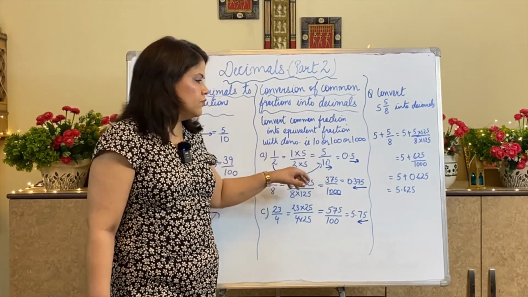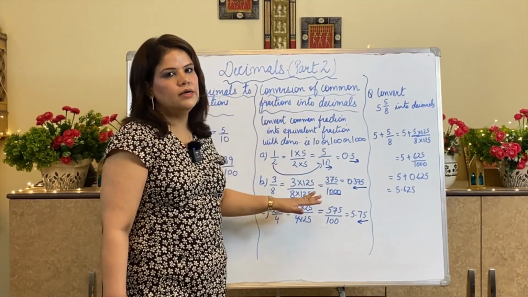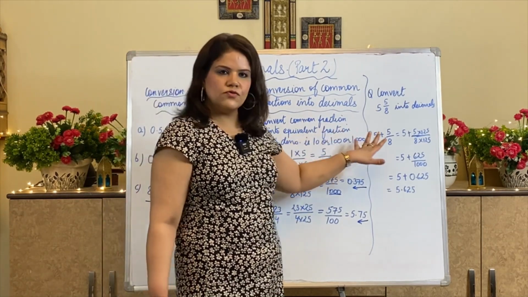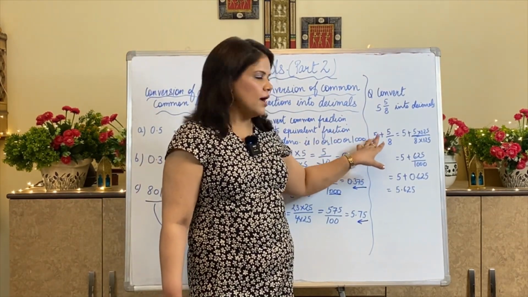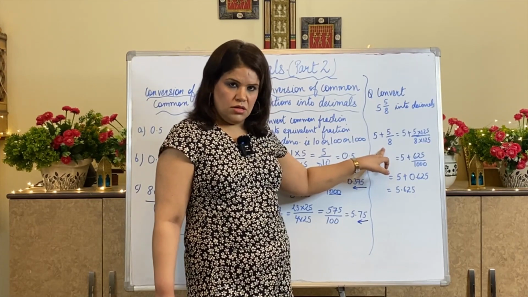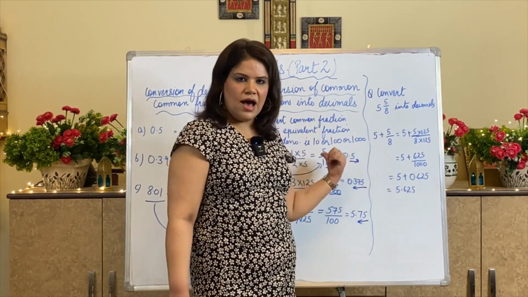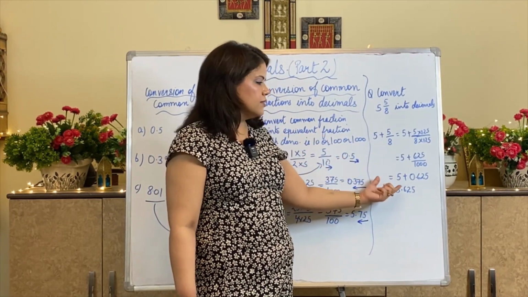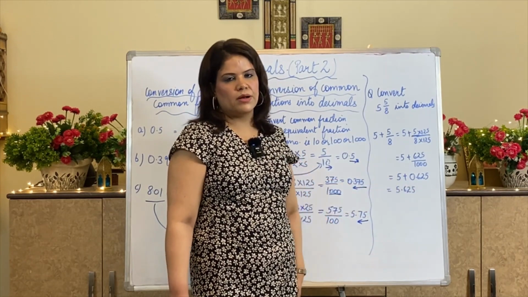With that number you will multiply the numerator and denominator. For the mixed fraction, you will leave the whole number part and convert the fraction into decimal fraction as I have explained, and then you can add the whole number part and the decimal part.